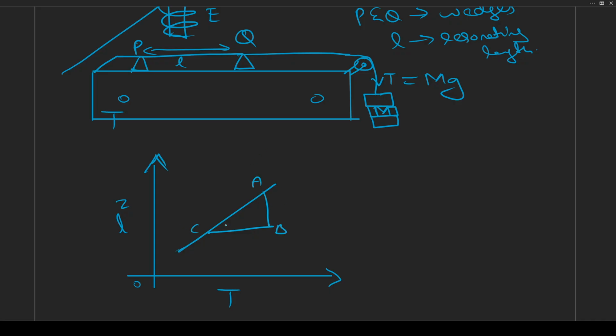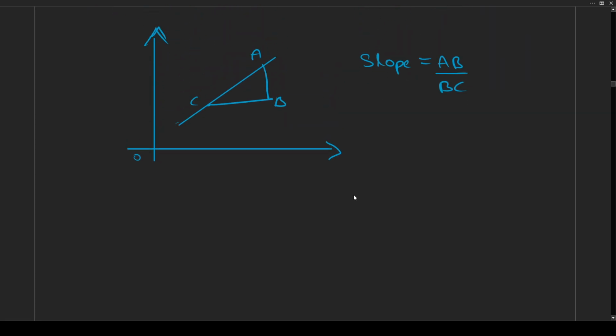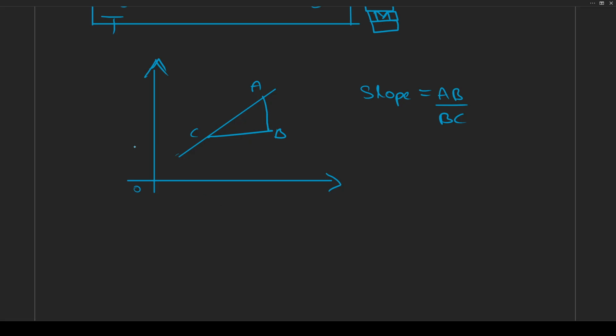If we consider this as ABC, the slope is equal to AB by BC. This is L square versus tension.